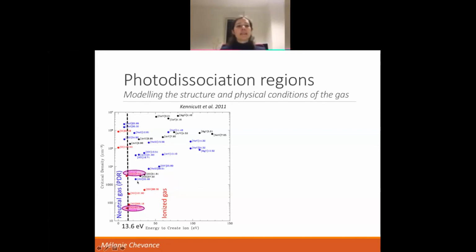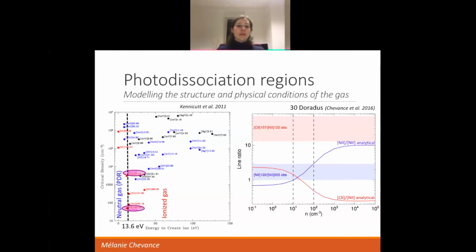The reason for that is C2 can actually be found both in the neutral gas and in the ionized gas. So before using the C2 line as a diagnostic for the neutral gas or the PDRs, we need to make sure what fraction of C2 is emitted from the ionized gas or the neutral gas. For that, we need to take several steps.